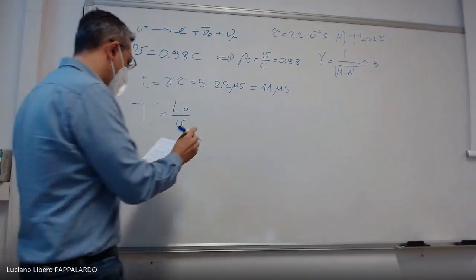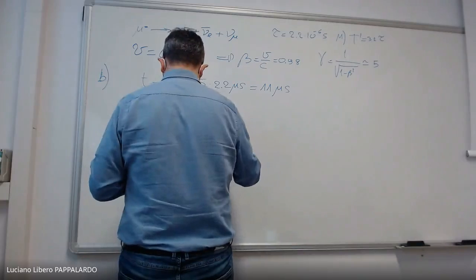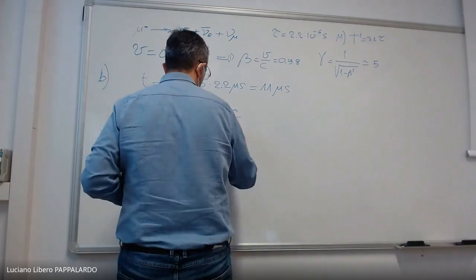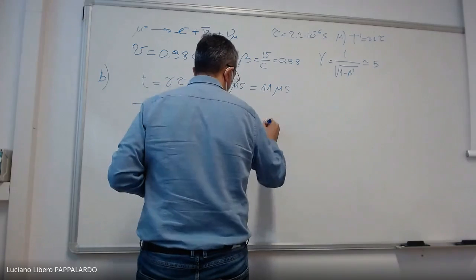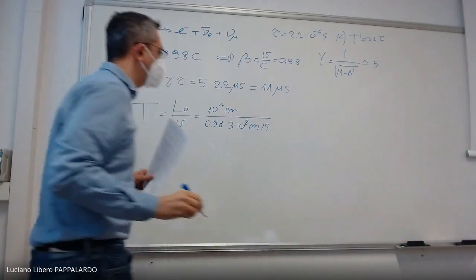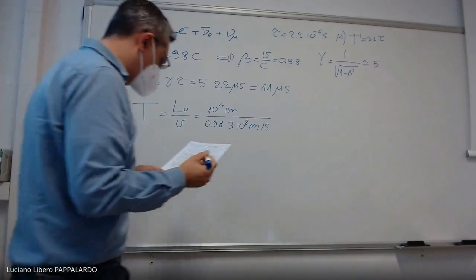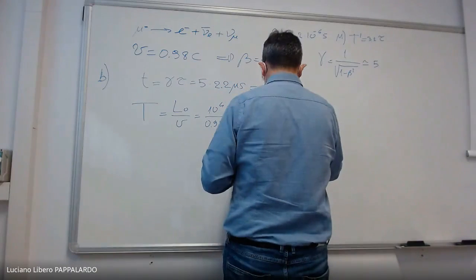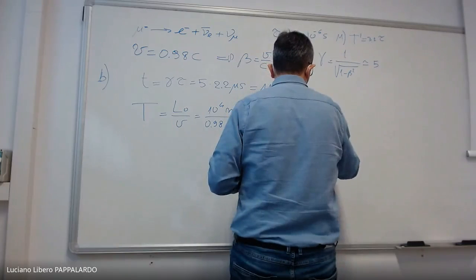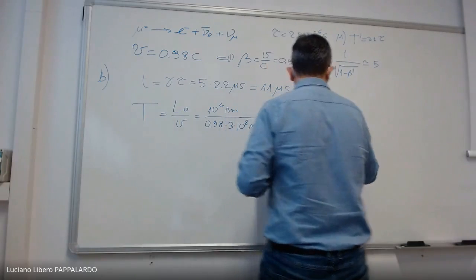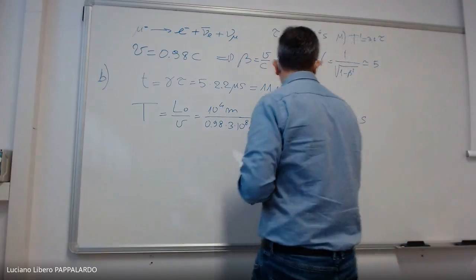So this is 10 to the 4th meters, divided again by 0.98 times 3 × 10⁸ meters per second. And the result is 3.4 × 10⁻⁵ seconds, or essentially 34 microseconds.